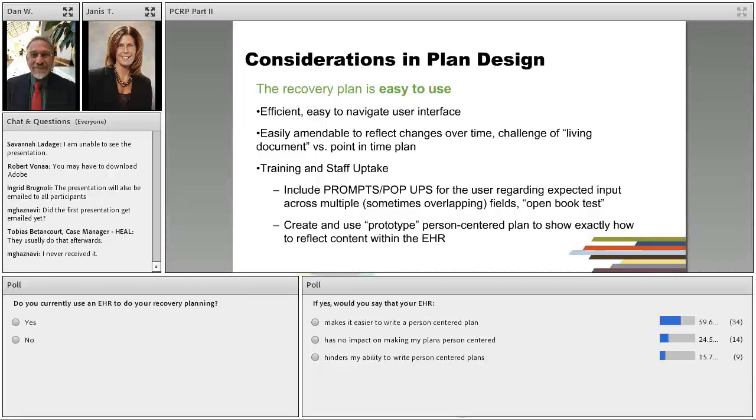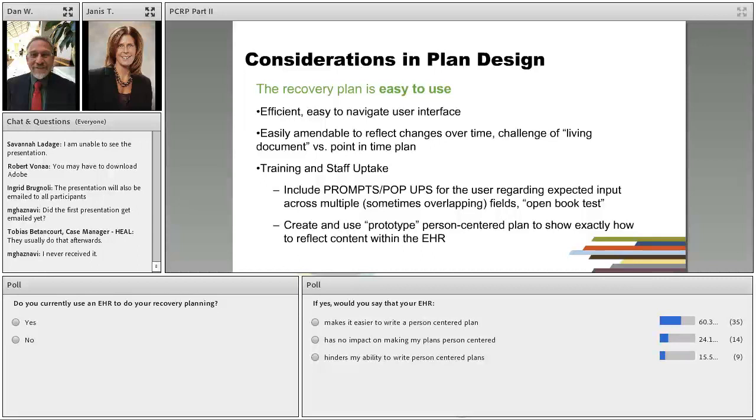You had to save like 14 times for each object that you were completing, that it was going to frustrate people. Okay, so the design and usability of the system can either greatly support or undermine the use of the plan. On the other hand, if it's designed properly and you can have all the things on the screen you need to see while you're doing the plan, it can make life a lot easier for yourselves.